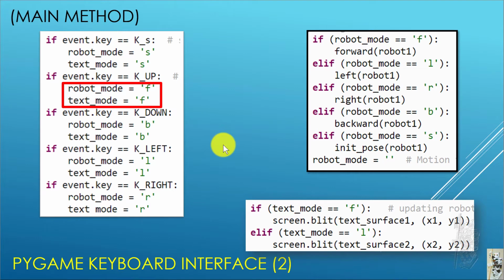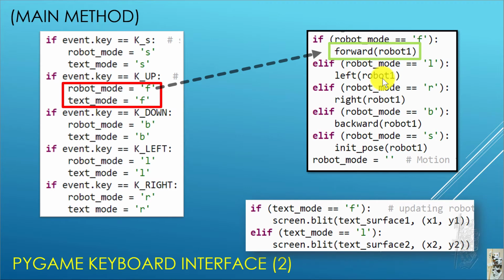We also use Pygame to capture the keyboard: stop the robot, and the up, down, left, right arrows. For example, if you push the up arrow, it will set two parameters. The robot mode is set to F, and the text mode is set to F. The robot mode, of course, is used in an if-else structure to actually move the robot forward, left, back. You'll notice that after it is used in the if-else structure, the robot mode parameter is cleared.